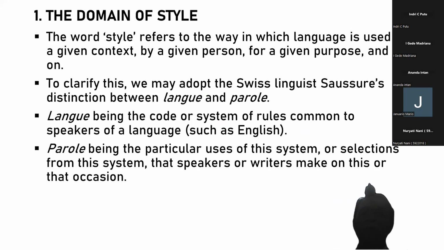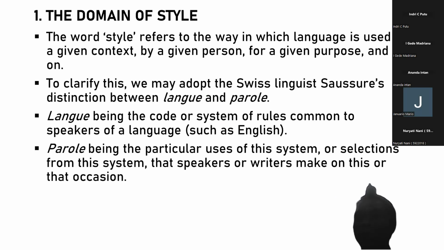Anyway, as you can see, the first one of our discussion today is about the domain of style. So what does the domain of style mean? It refers to the way in which language is used in a given context by a given person for a given purpose and so on.